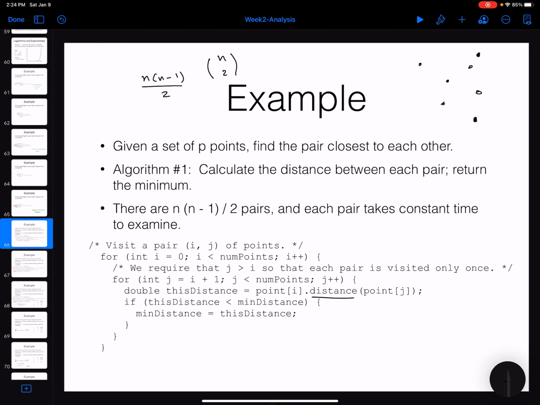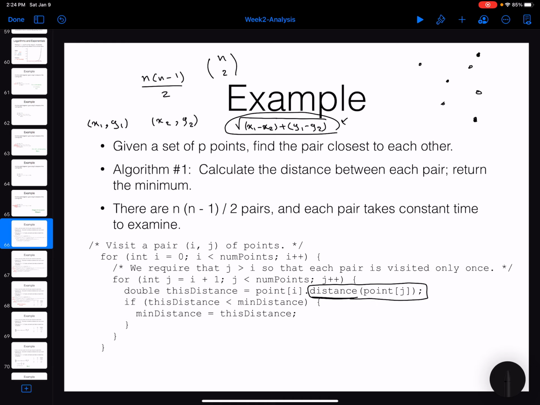You know that if you have 2 points, x1, y1 and x2, y2, the distance between these 2 points can be calculated as x1 minus x2 plus y1 minus y2. This is the formula that you have to calculate, and you can assume that it has been implemented as this function distance.